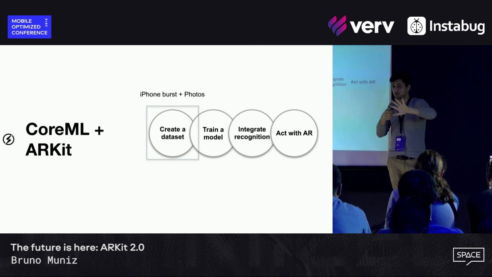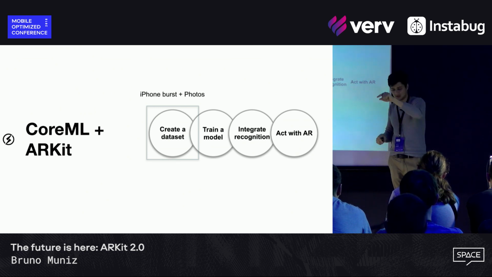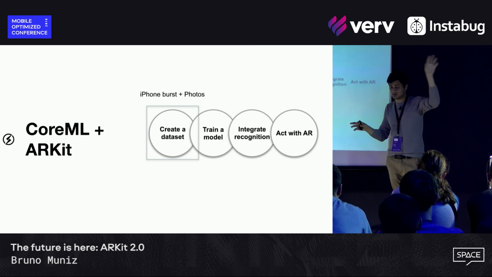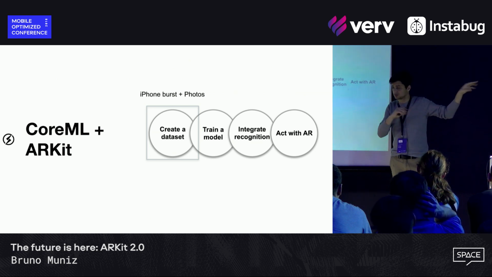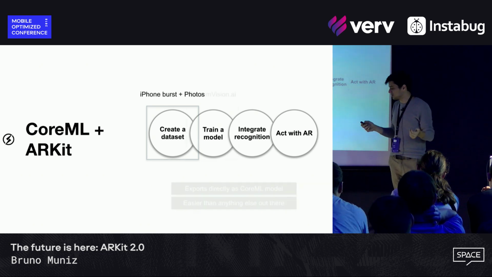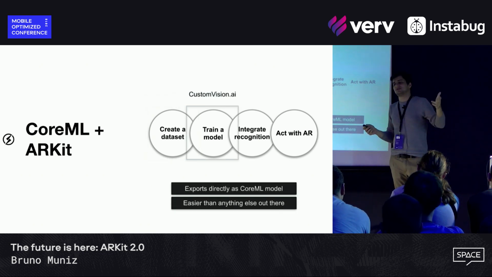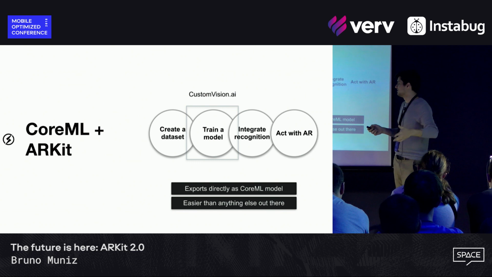That's a problem if you want to pass it by WhatsApp or AirDrop or anything. But if you're passing it through Photos, then you can just export everything and send it straight to your model. Training a model, it's easy for some people, not for me.